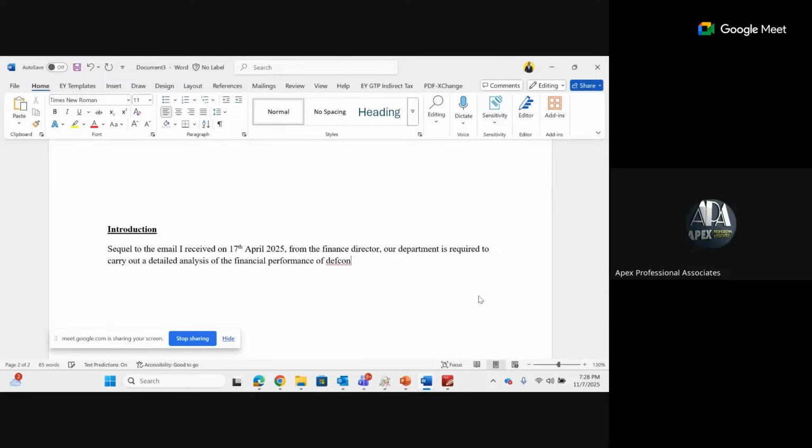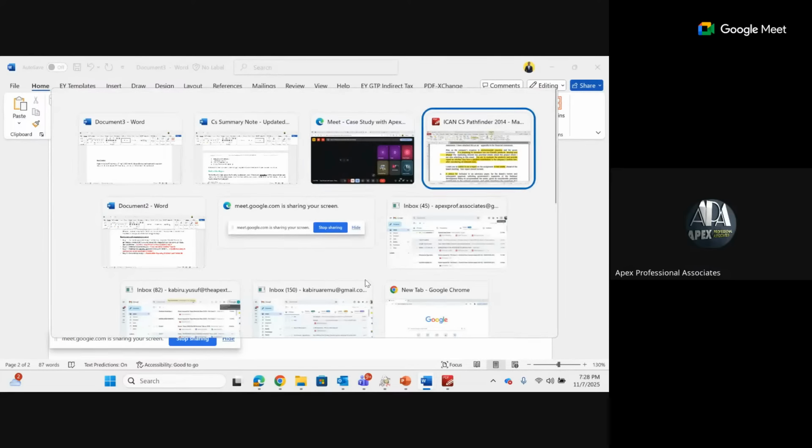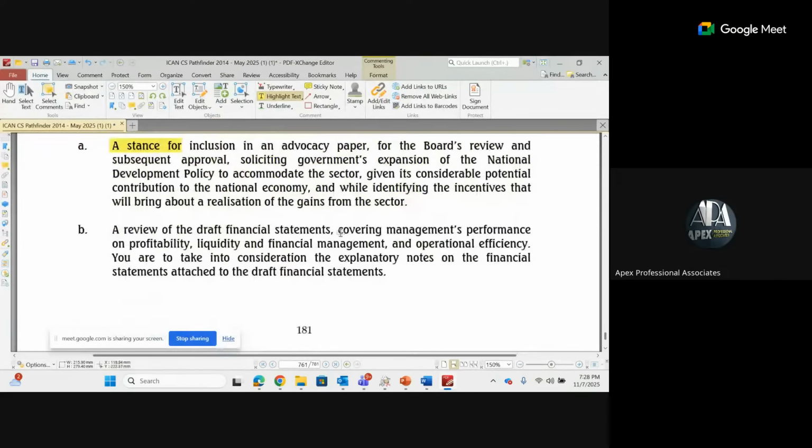DEFCON. You can be writing, though, as I'm writing, so that at least you get used to how a proper report is written. DEFCON Manufacturing Limited. Let's go and pick some hints from one of the requirements.